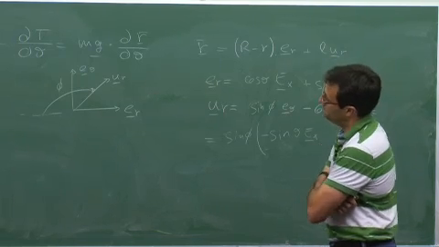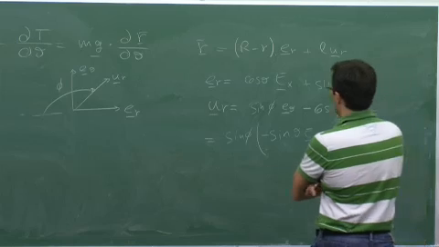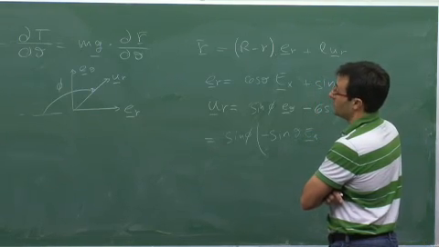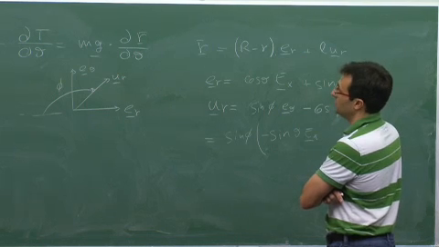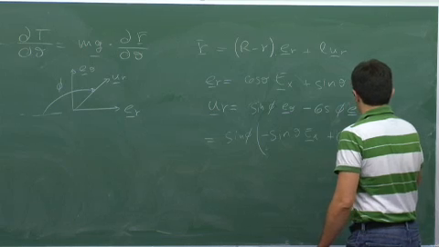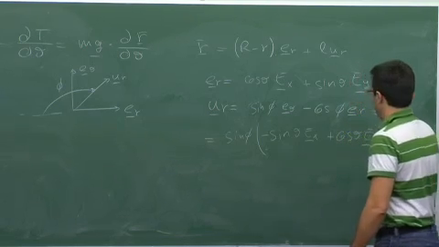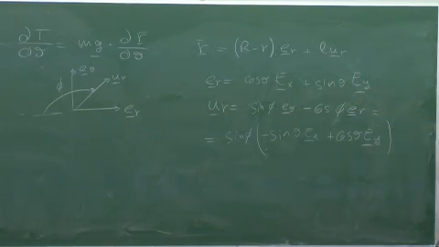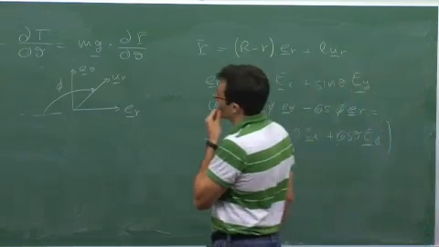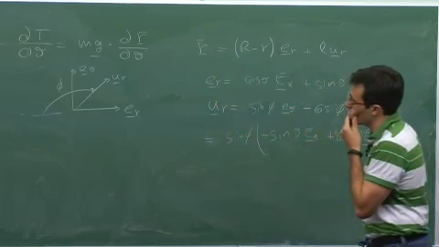And then the sine of the angle, sine of pi over 2 minus theta is cosine, so I have cosine theta EY. Do we agree? Yeah.